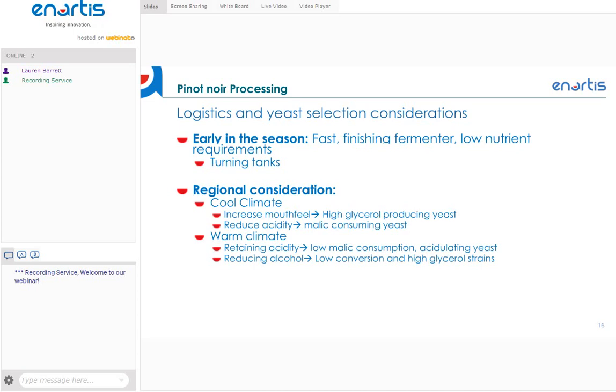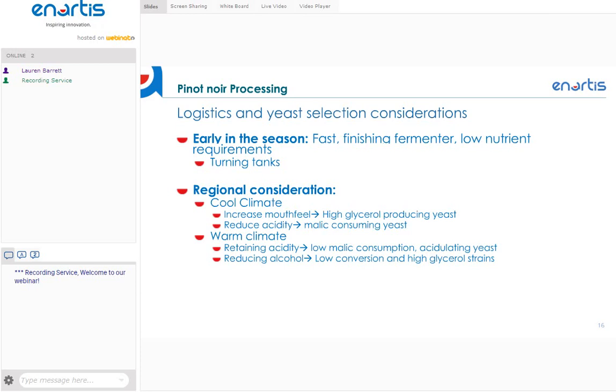There are also specific acidulating yeast strains which can be applied. With warm climates, there is a much higher alcohol potential, so selecting a yeast strain with a low conversion rate from sugar to alcohol is desirable, and also high glycerol producing strains, as that metabolite takes away some of the ethanol production.